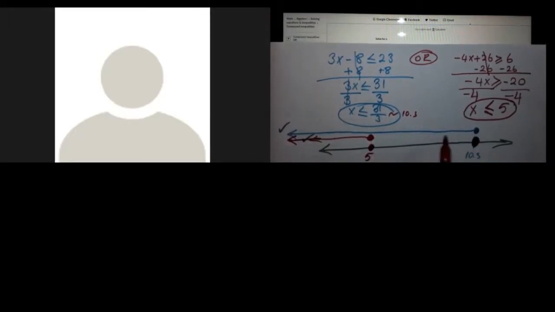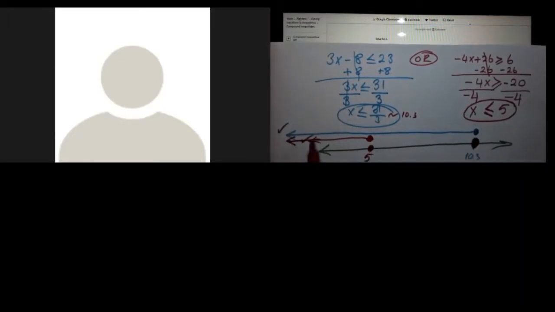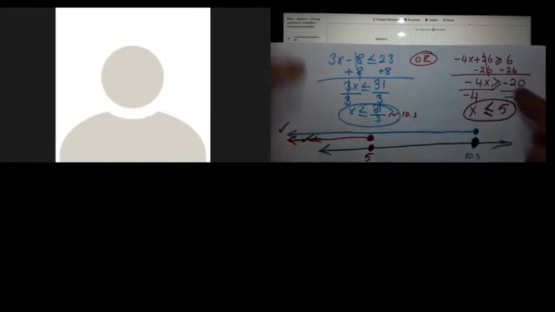Look, this whole blue line is my solution set for this equation, and this red line is for this equation. And it's "or." So they are separately okay. They can satisfy this equation separately. Either one of them satisfied, I'm okay with that answer.